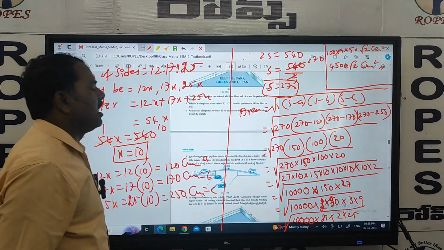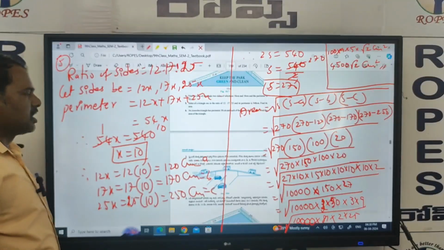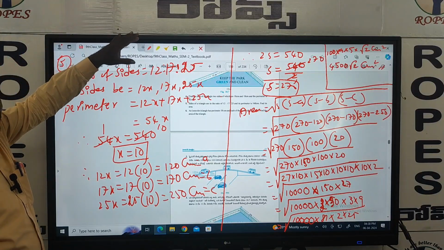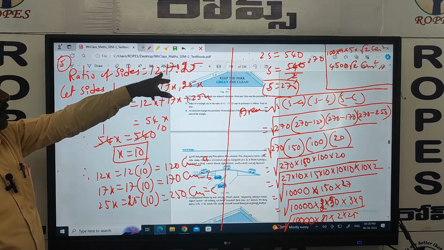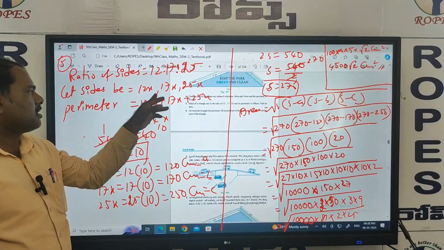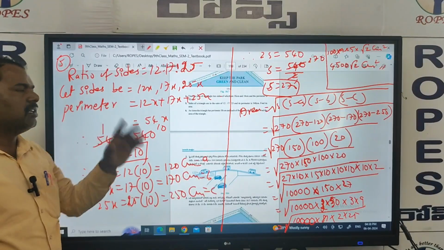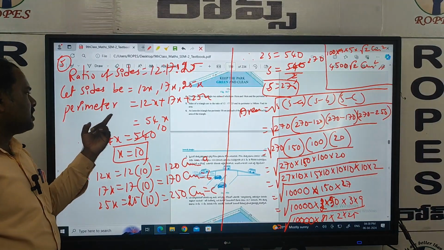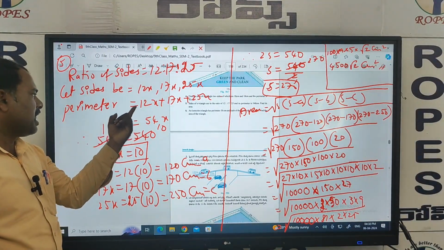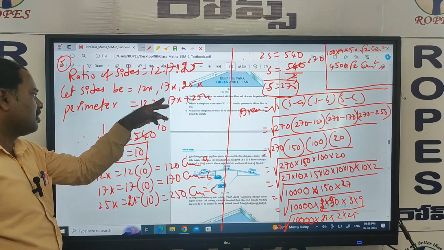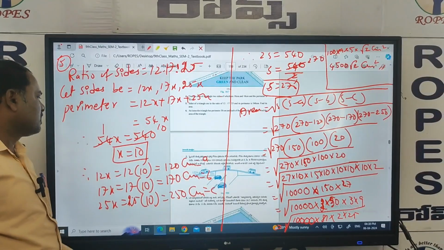Okay, so this is the area of the triangle. See here, they first gave the ratio of the sides, 12 is to 17 is to 25. From this we took 12x, 17x and 25x. Now according to the question, the perimeter is 12x plus 17x plus 25x, that is a total of 54x.